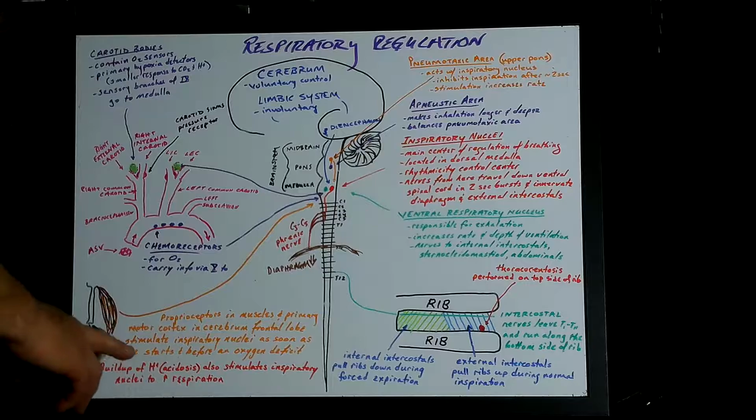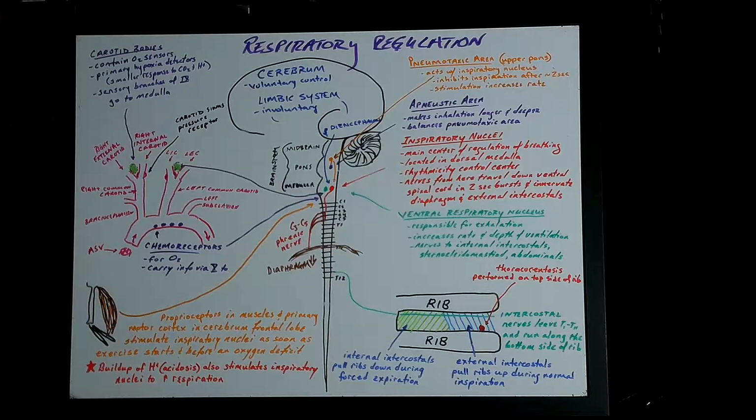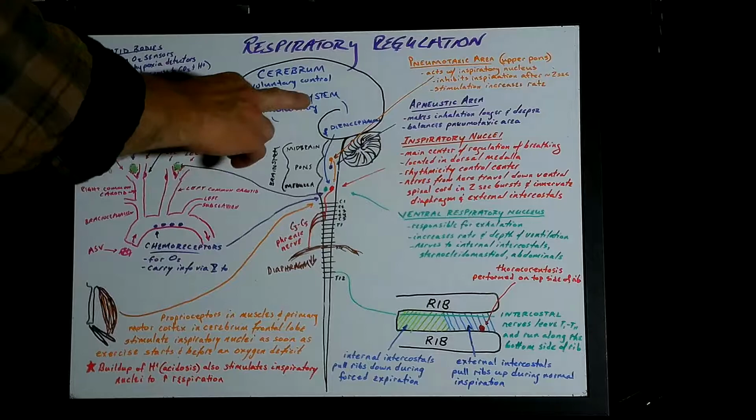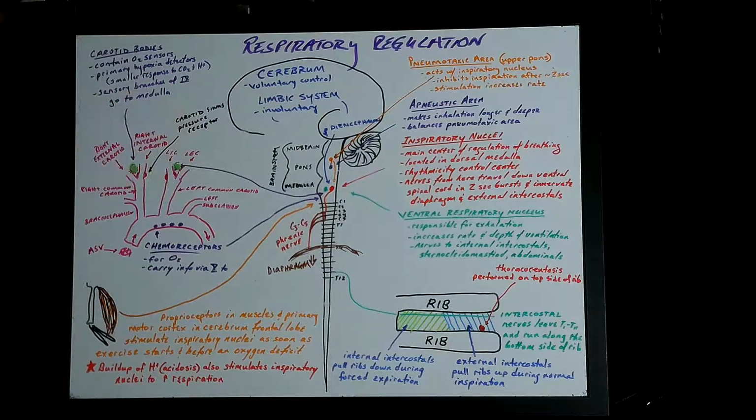Also, any buildup of hydrogen ions, which is, of course, acidosis, also stimulates the respiratory nuclei to increase respiration. And we talked about that last time when we talked about how we use this to help control blood pH. And finally, the limbic system, which is the emotional center of your brain, and it's involuntary.